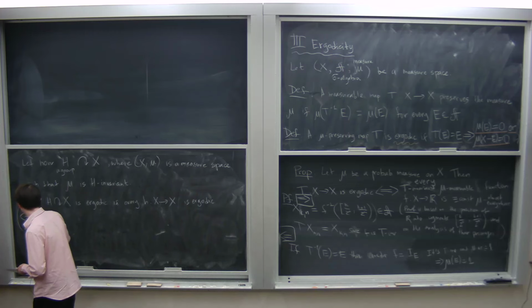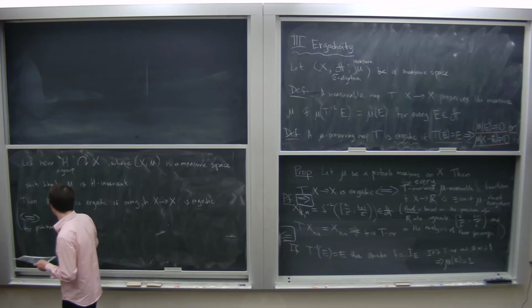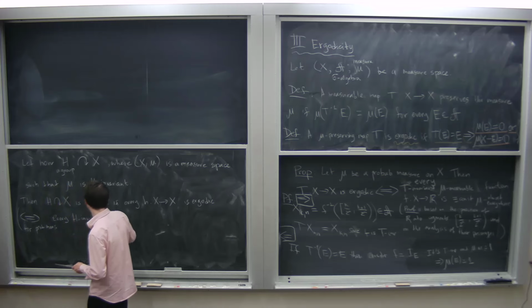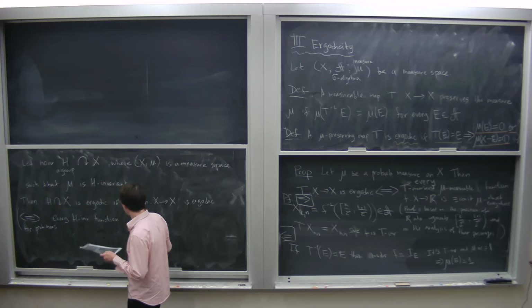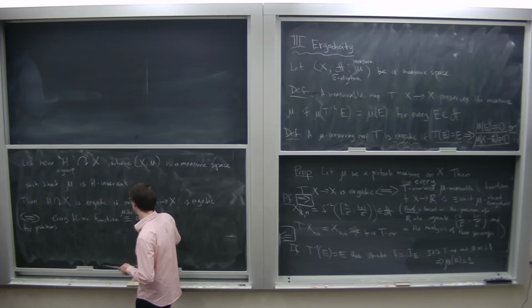For probability measures, this is equivalent to saying that every H invariant function is mu almost everywhere constant.